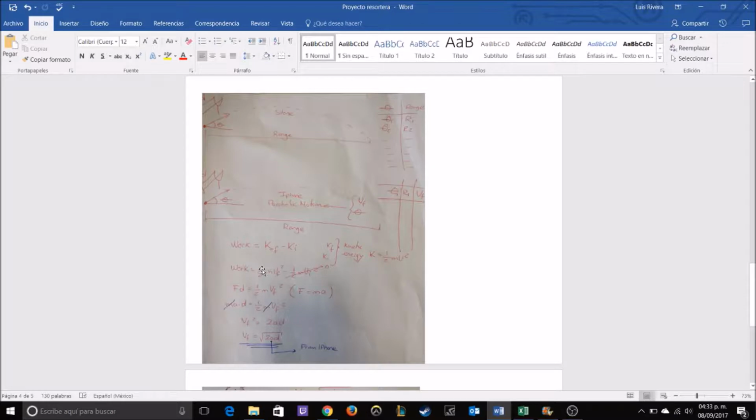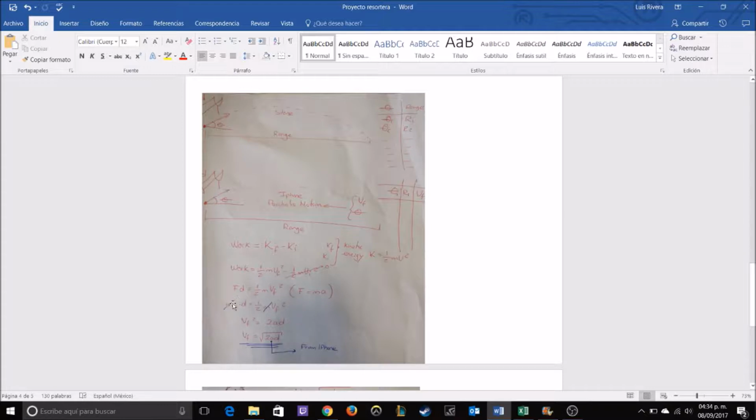Work is equal to 1/2 of the mass times the final velocity squared, and as you can see, this one is cancelled because it's equal to 0. Work is also equal to force times the distance, so this will be equal to 1/2 of the mass times the final velocity squared, and we know that force is equal to mass times acceleration.